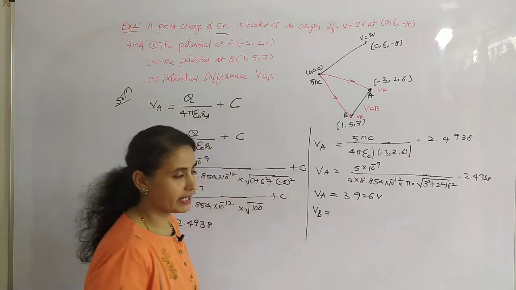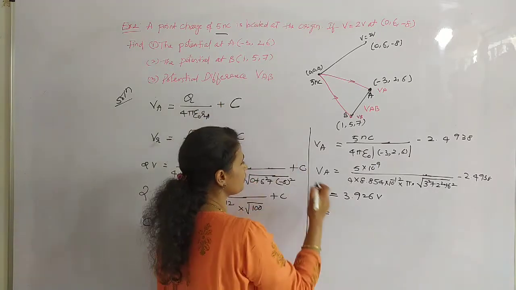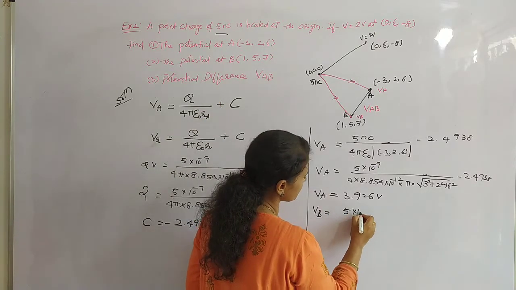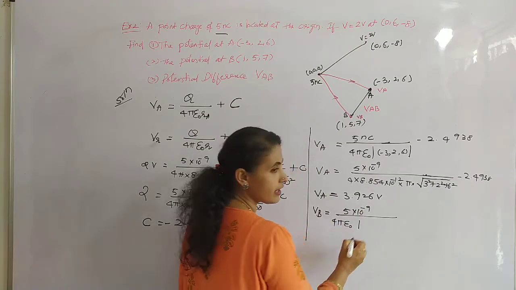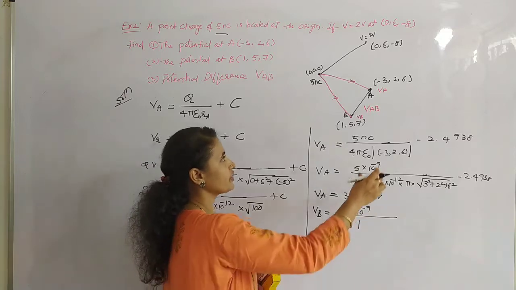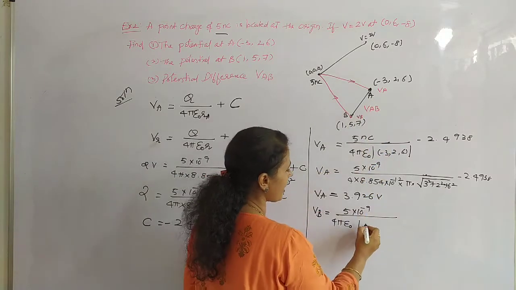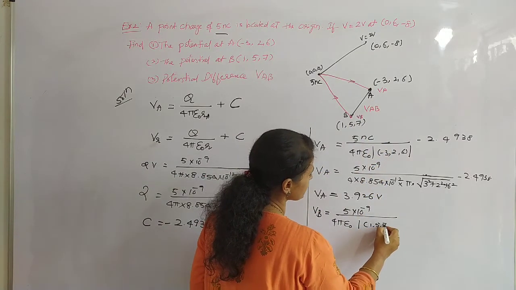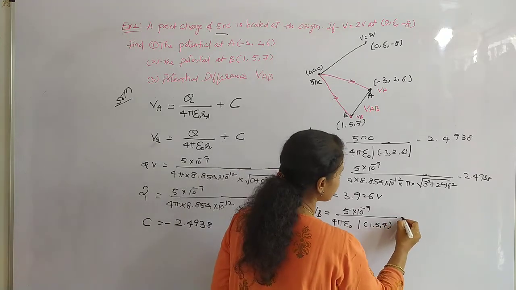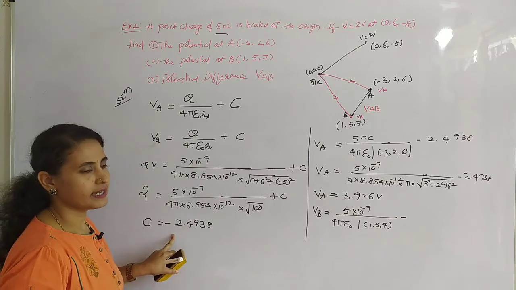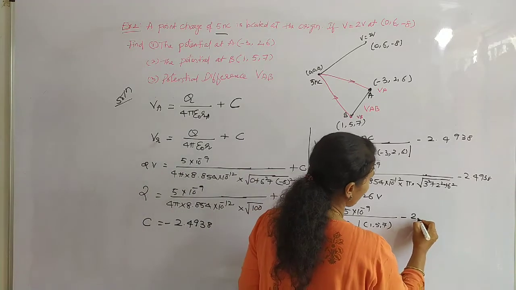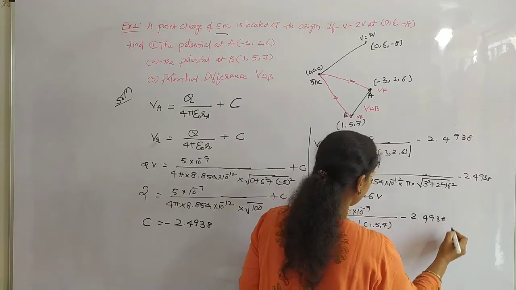Similarly, let us find VB also. VB is given by the charge Q, 5 nanocoulombs, by 4 pi epsilon naught, and the magnitude of the distance at B, which is 1, 5, 7, plus the constant C, which is minus 2.4938.